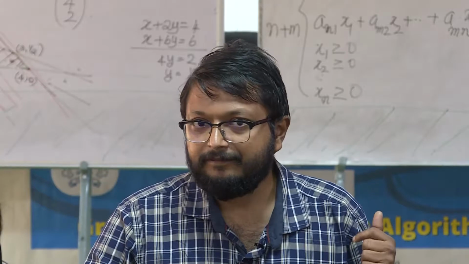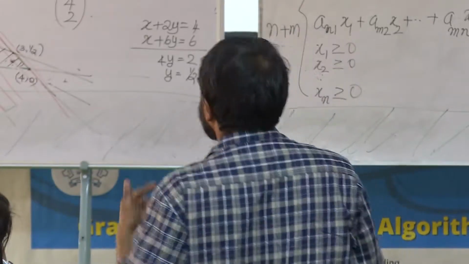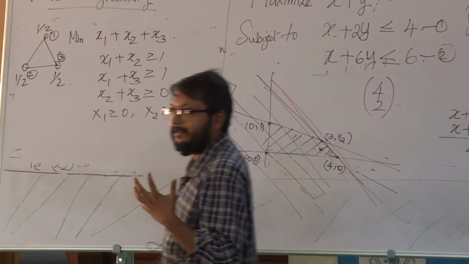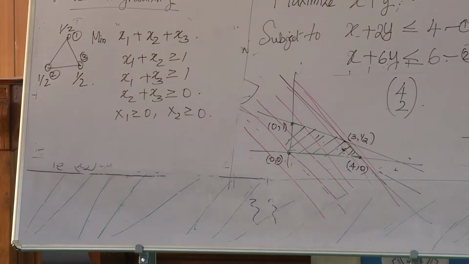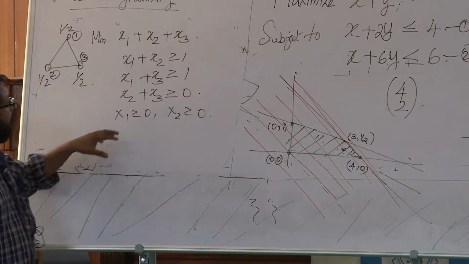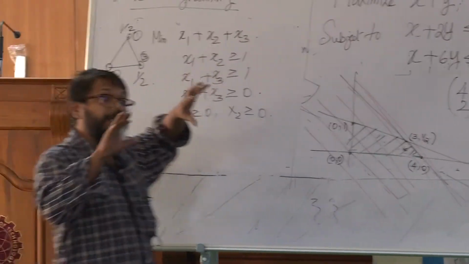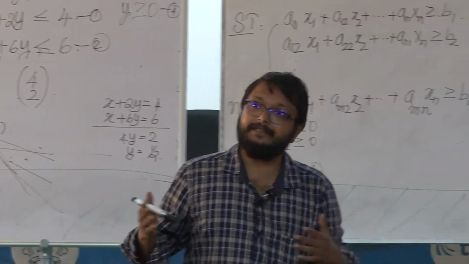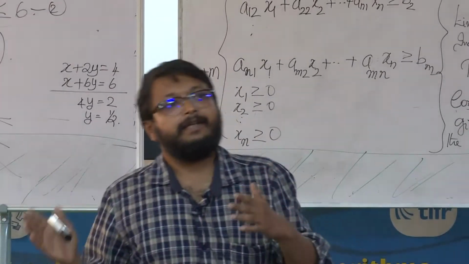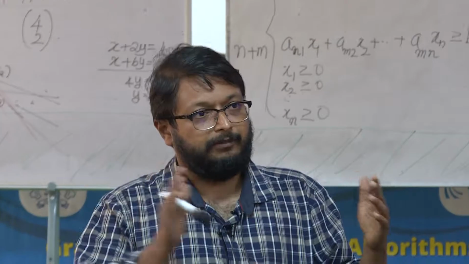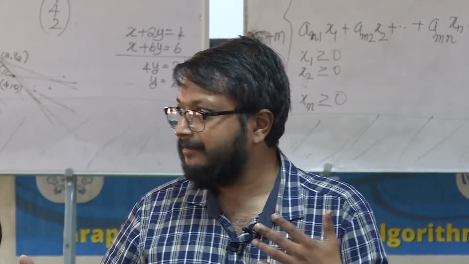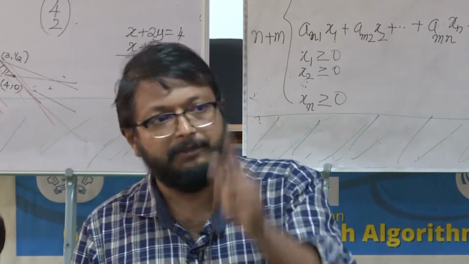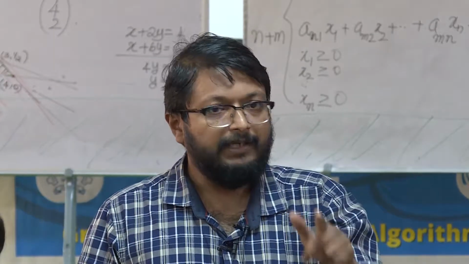Okay. So this is one way in which linear programs are used in algorithm design. You do a linear programming formulation. What you do is an LP relaxation of the original integer linear programming formulation, and then solve the LP relaxation optimally using linear programming algorithms, and then round off the solution to get an approximate solution for the integral linear program.